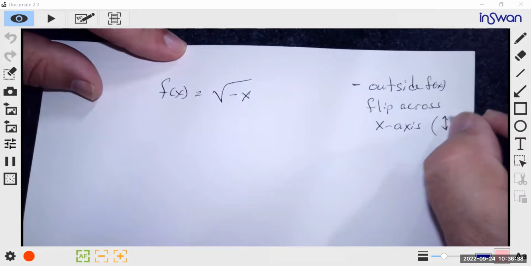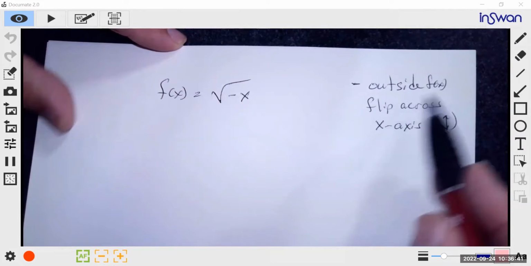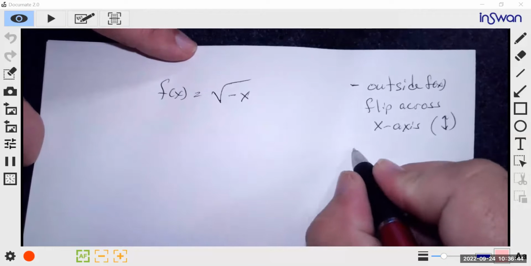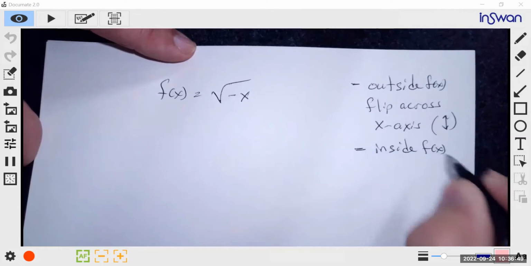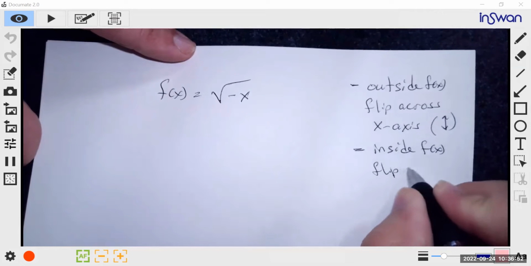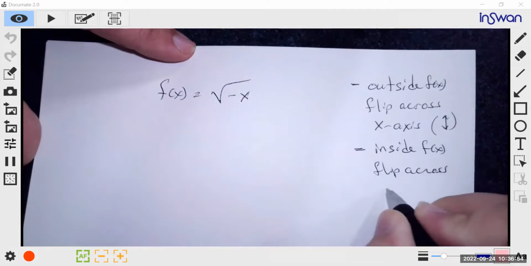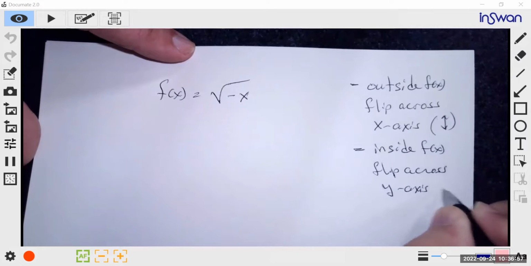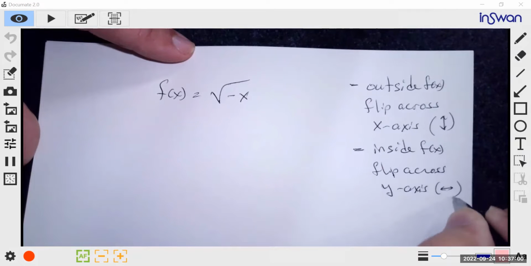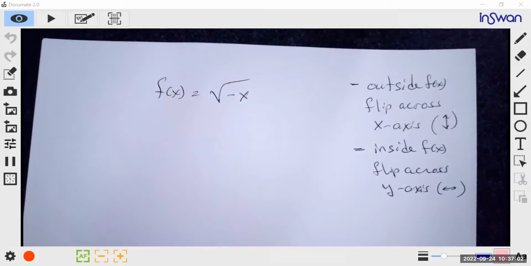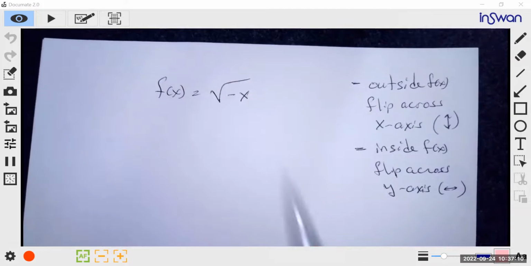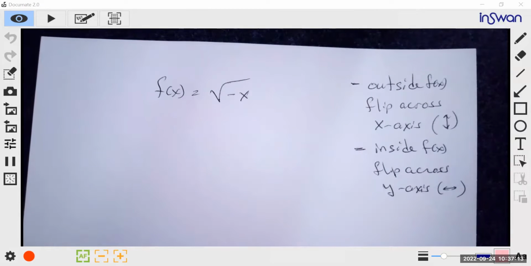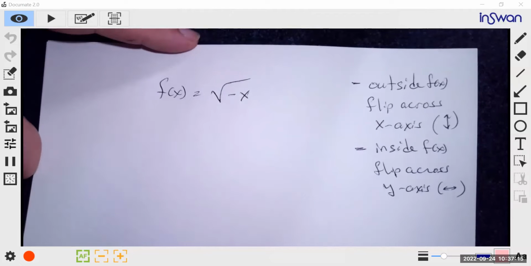You go up and down. So if the negative is outside the function, flip across the x-axis. If the negative is inside the function, flip across the y-axis. When I say negative, if it's inside, it has to be in front of the x. If it's outside, it's outside the entire function.